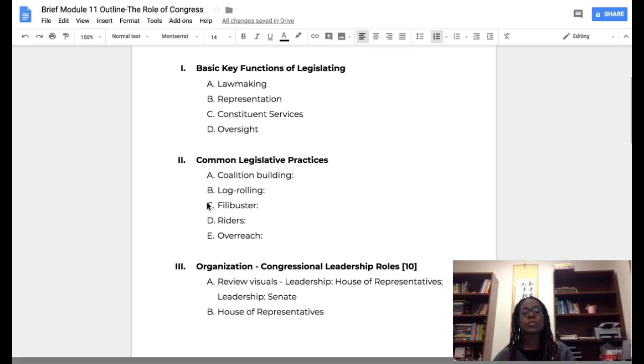Sometimes it can definitely be used to delay a vote, but if other members of the Senate are 100% committed to voting a particular way about a bill or an issue, then the filibuster will only delay, but at some point, if and when the vote comes up again, a filibuster can't necessarily prevent it.